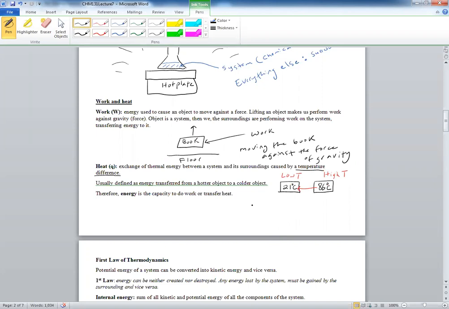So let's give you an everyday example. You have an ice cube, and you place this on the palm of your hand. Pardon my drawing here.